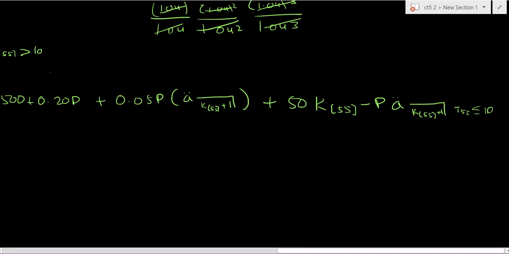The other case would be if T55 is greater than 10. That is, if this person does not die within the next 10 years.